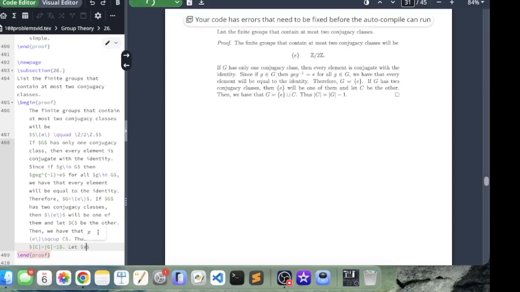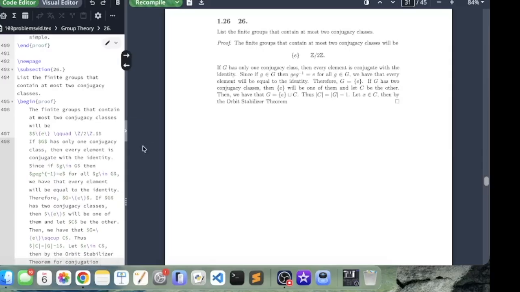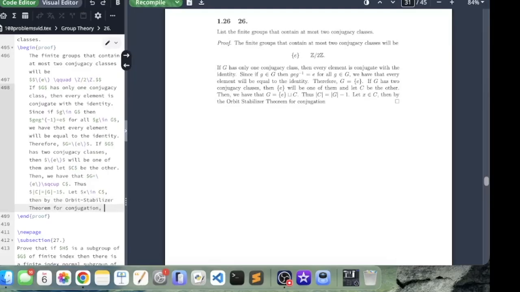Actually, before that, we're going to pick an element x in C. Then by the orbit stabilizer theorem for conjugation, we have that the order of C is equal to the index of the centralizer of x in G. We know that the order of C is the order of G minus 1, so let n equal the order of G. Then this is equal to n minus 1, and by definition of index, because G is a finite group, it's equal to n over the order of the centralizer.